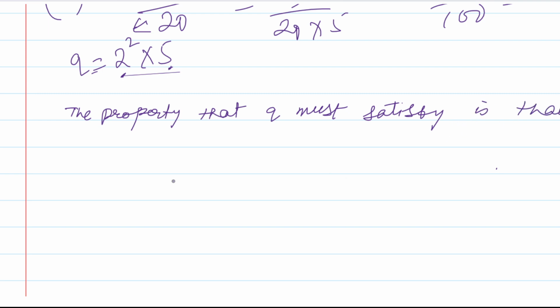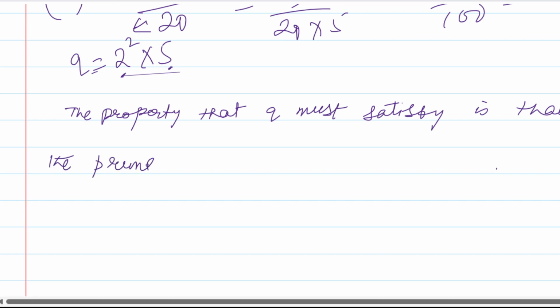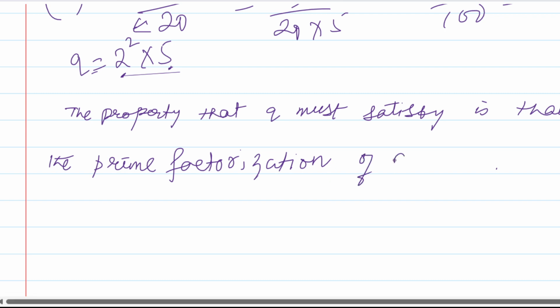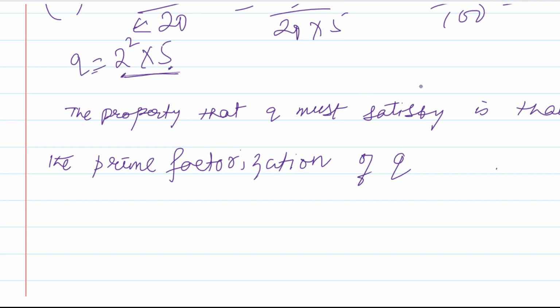These are prime factorizations of Q. 2 and 5 are prime numbers, and these are factors. You understand the factor? 10, I can write as 2 into 5, so 2 and 5 are factors of 10, and this is a prime factorization because 2 and 5 are prime numbers, a number which is not divisible by any other number except 1 and itself.